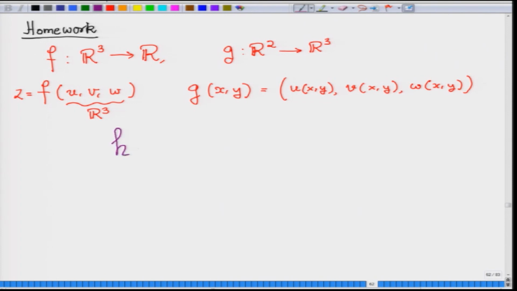Now, H of x y is equal to F composed G of x y. So, what is happening here?